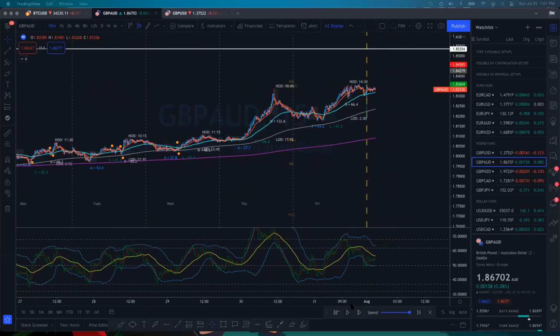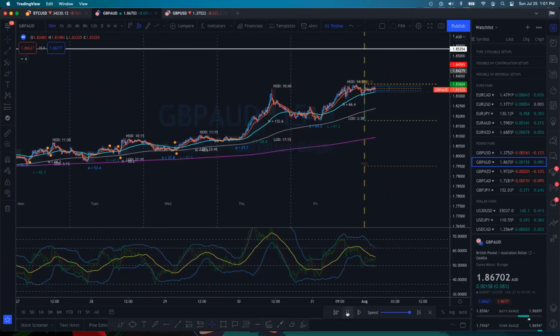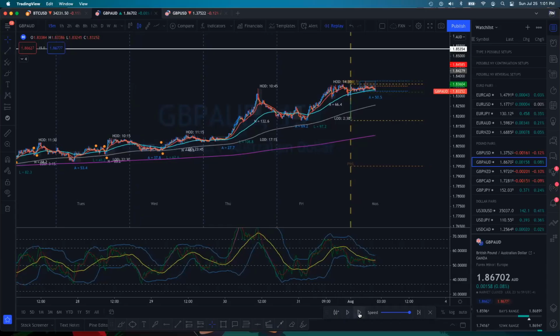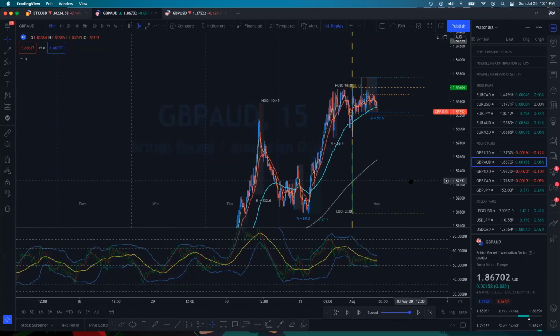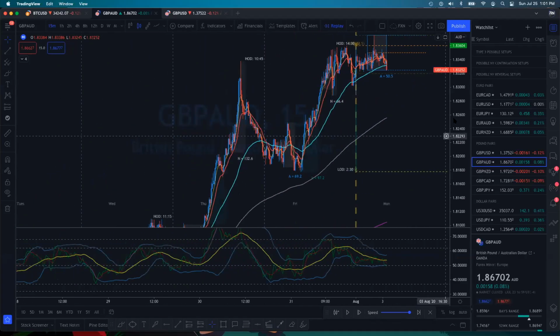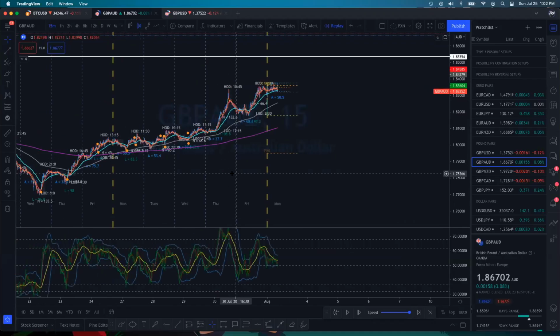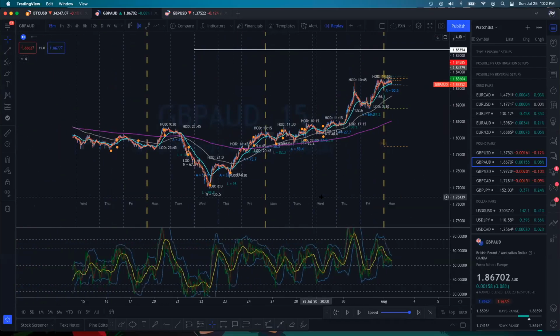Let me fast forward this to the beginning here. So ADR is 50, or the average range is 50, I should say. I don't know what the ADR is at this particular time, almost a year and a half ago.